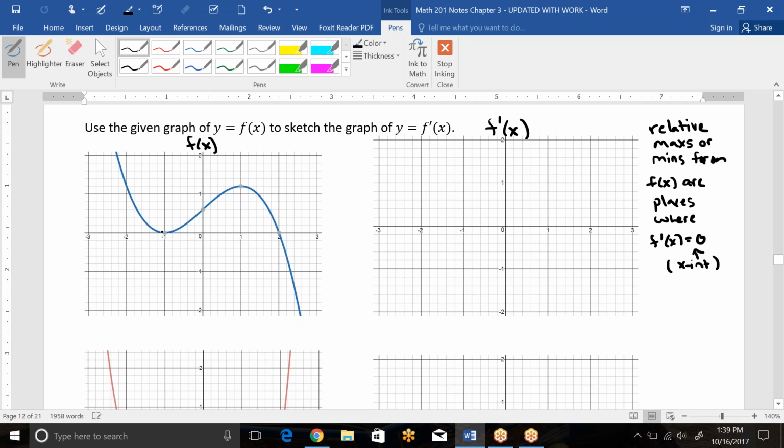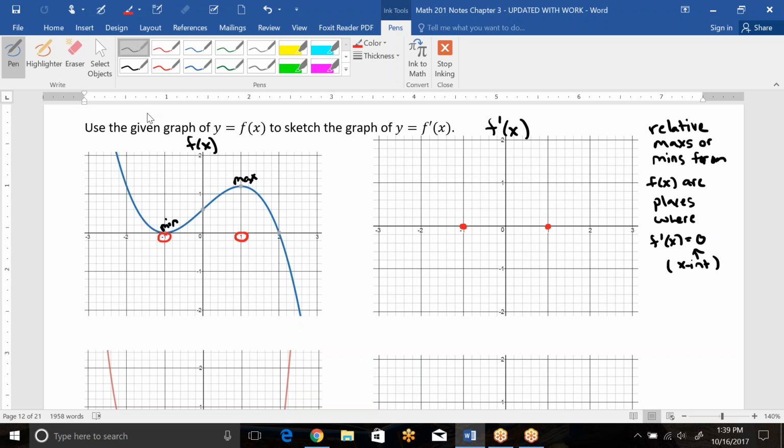Okay, so notice at -1 we had a min here, and at +1 for x we had a max. Because those are mins and max x values right here, this one and this one, those are then x-intercepts on our f prime, because that's when f prime of x would equal 0. So -1 and +1.